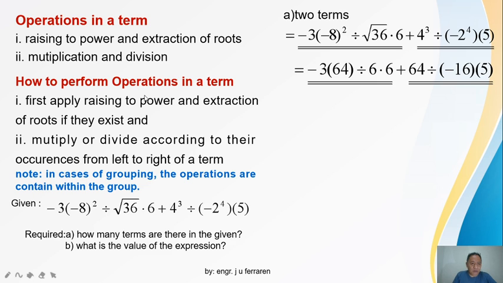Now, after completing the operation of raising to power and extraction of roots, that's the time you can apply the multiplication and division. Whichever comes first will be the first one to be performed. So multiply or divide according to the occurrences from left going right of the term.